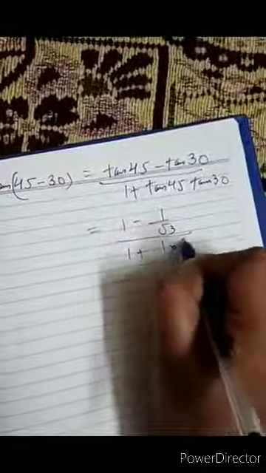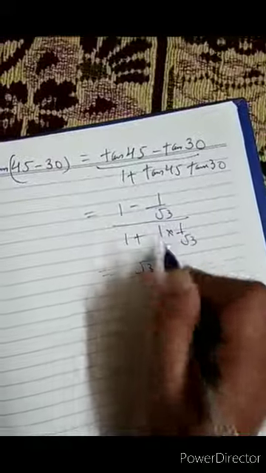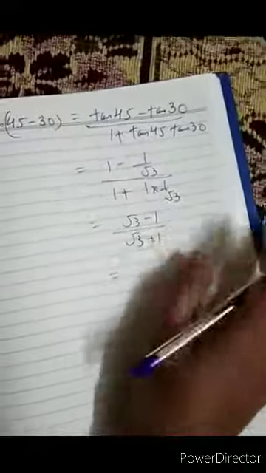Taking the LCM, root 3 cancels out, and you are left with root 3 minus 1 upon root 3 plus 1.